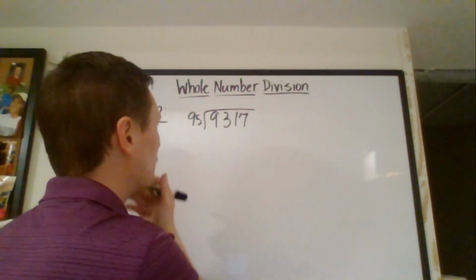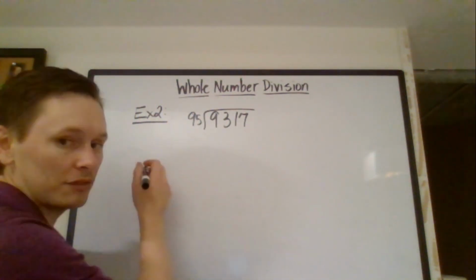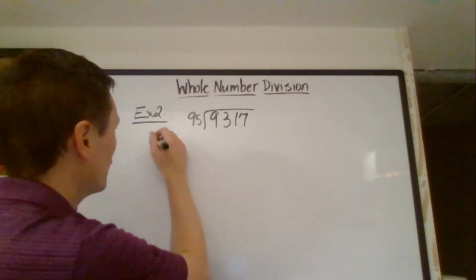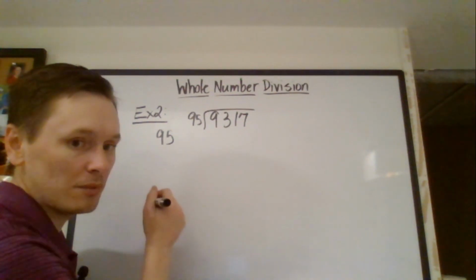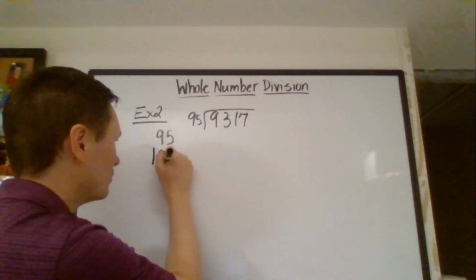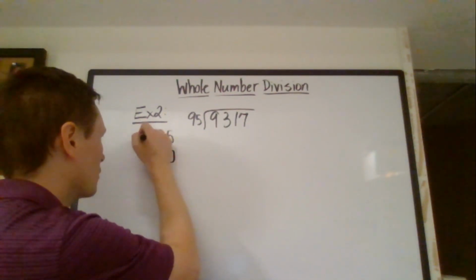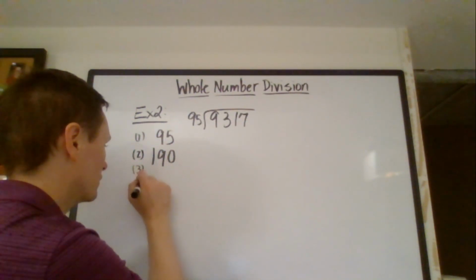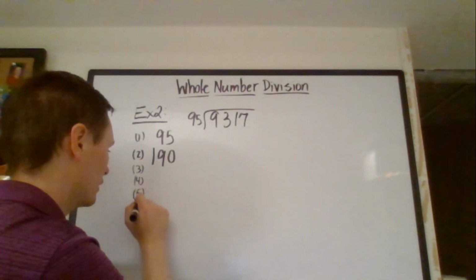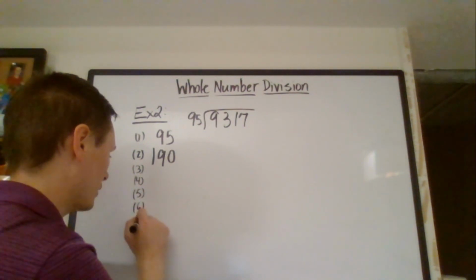Okay, so down the left-hand side, off to the side, I want to list the multiples of 95. And you might ask why. Well, this is because, so I'll put little 1 and 2 in parentheses so I kind of know how far I'm going.